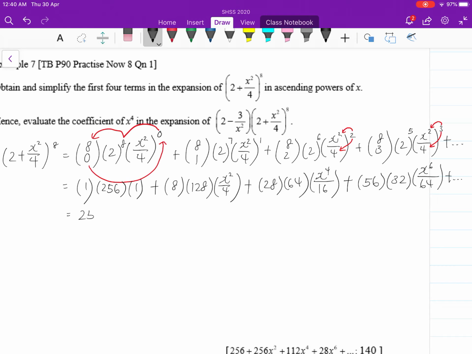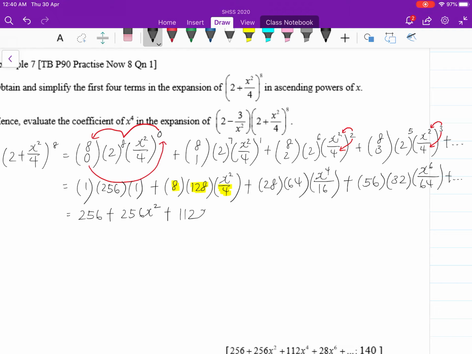Don't forget to simplify. You will get 256 plus. Now on your calculator, you should press 8 times 128 times 1 quarter because it's over 4. You will get 256x squared, plus 28 times 64 times 1 over 16, which gives you 112.